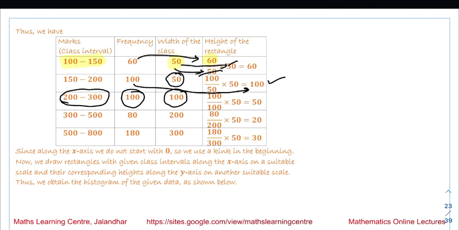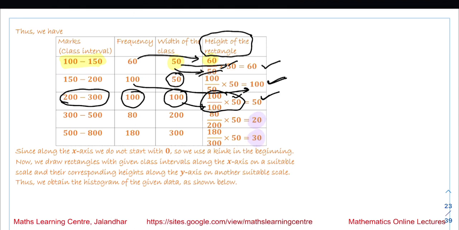When we use this formula, 100 over the width of the class into 50, the answer we get is 50. So the heights of the rectangles that we have to draw in the histogram are 60, 100, 50. Similarly in the next case the value will be 20 and this value will be 30.